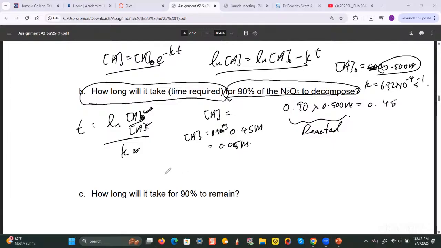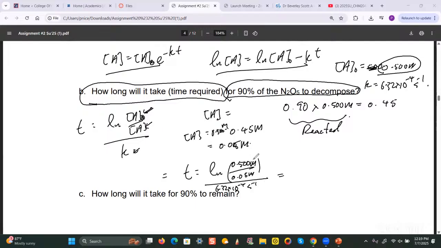So basically, t will be equal to ln of the initial concentration of A, which is 0.500 M, divided by 0.05 M, all of that divided by k, which is 6.32 times 10 to the -4 seconds to the -1.